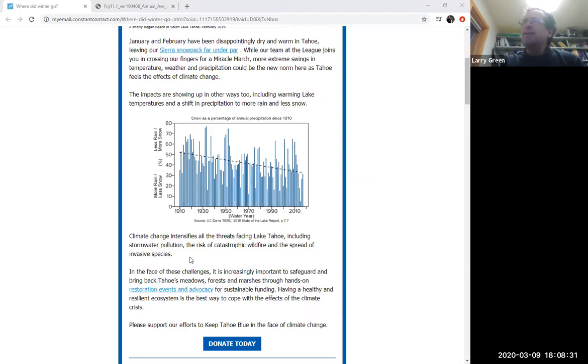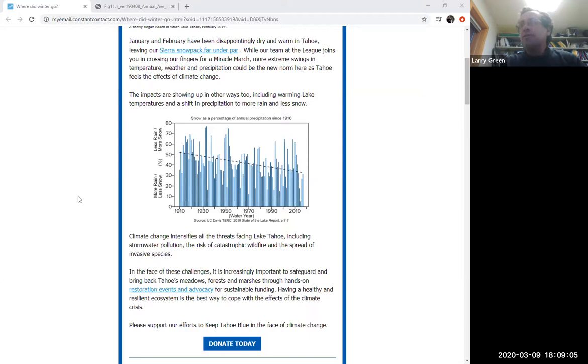If you look at each individual point without looking at this dashed line, it's just all over the place, isn't it? But if you look at the long trend and really look at the data, you'll notice that the percentage of snow has gone down as an average percent. And what they have done is draw what's called the regression line for this data.